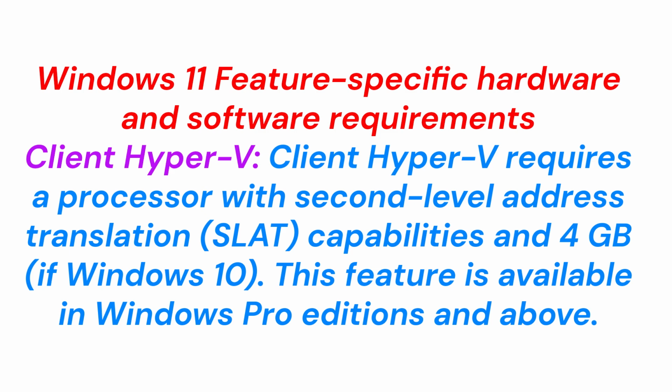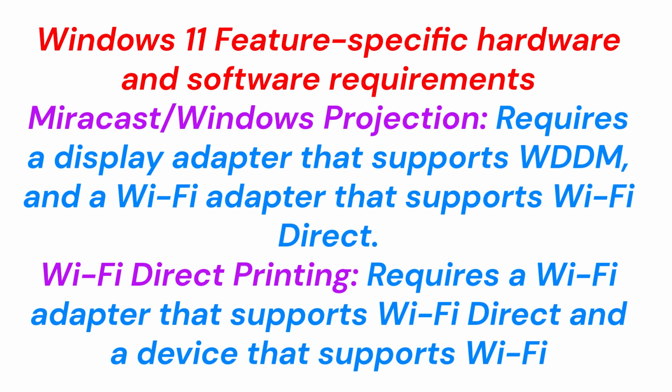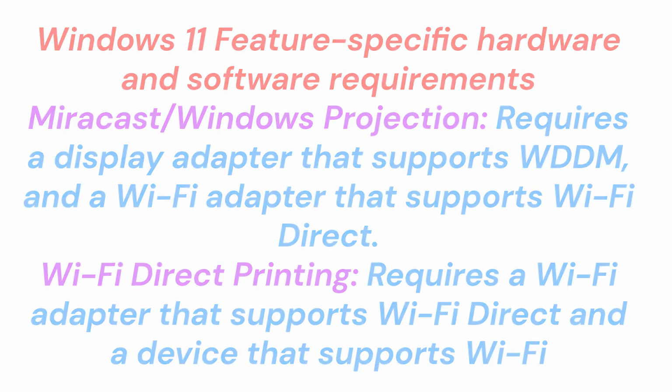This feature is available in Windows Pro editions and above. Miracast, Windows projection, requires a display adapter that supports WDDM and a Wi-Fi adapter that supports Wi-Fi Direct. Wi-Fi Direct printing requires a Wi-Fi adapter that supports Wi-Fi Direct and a device that supports Wi-Fi Direct printing.